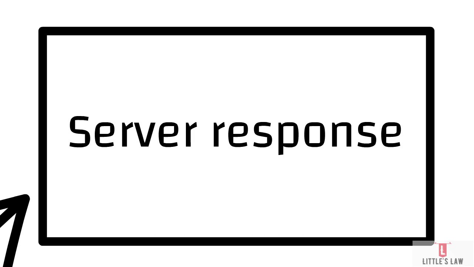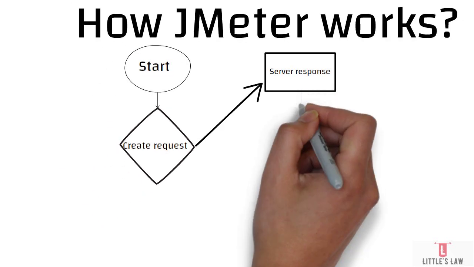The target server generates responses based on the executed actions, and depending on the nature of the request we send, the responses might come as HTML content, JSON data, XML documents, or binary files.